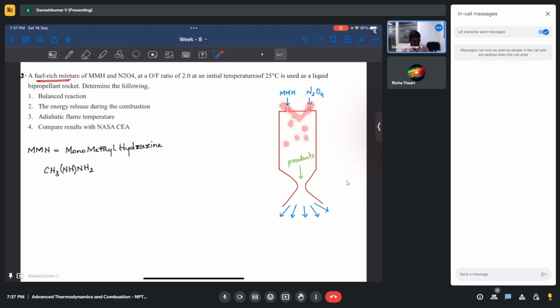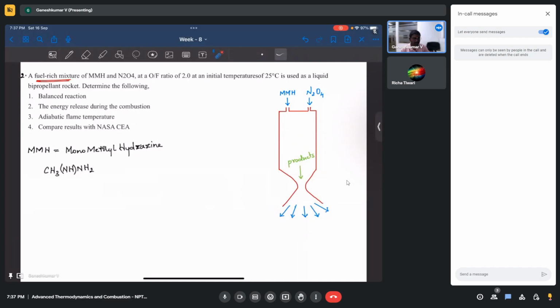Once it ignites, the flame propagates and combustion happens, forming products like CO2 and H2O in the combustion chamber. These product gases require a nozzle to accelerate.